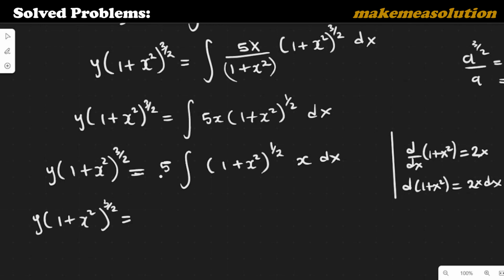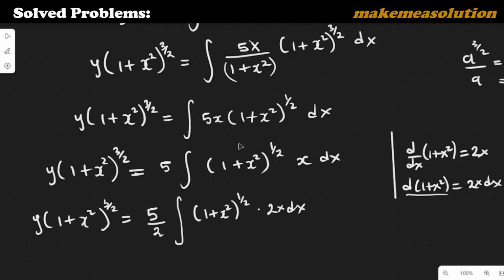Now we have y times 1 plus x squared to the 3 over 2 is equal to 5. So I want to make this 2x dx in this form, so that I can replace 2x dx with d of 1 plus x squared. So to introduce a 2, I have to introduce a reciprocated version of 2 as 5 over 2, then the integral of 1 plus x squared to the half, then 2x dx. Is that okay?